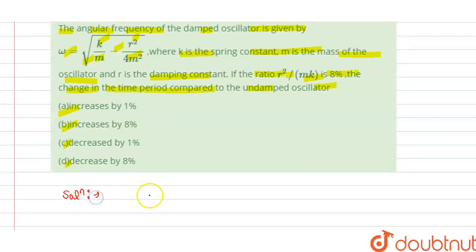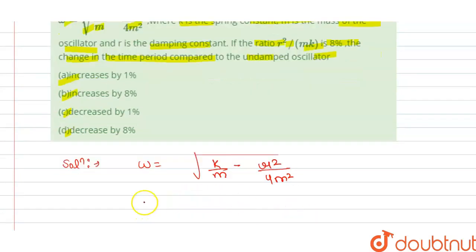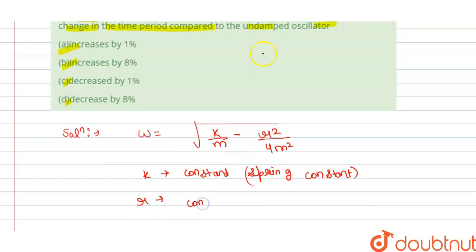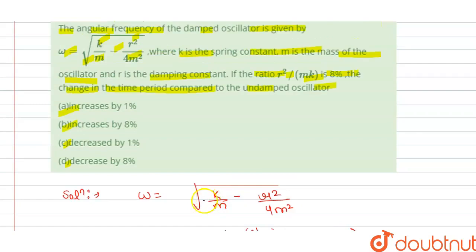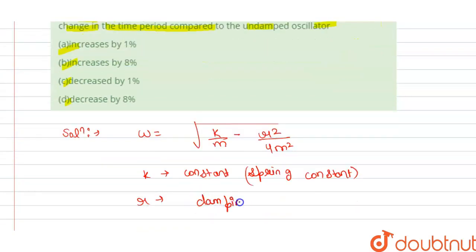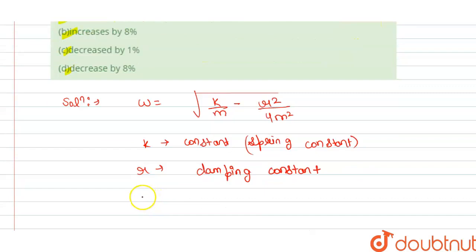So the solution of this question is: we are given the angular frequency omega is under root k by m minus r square by 4 m square, where k is the spring constant, r is the damping constant, and m is the mass.